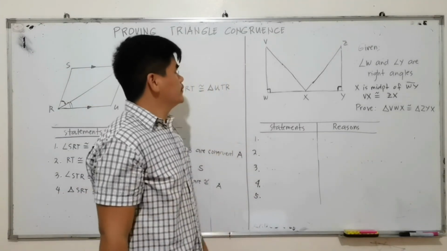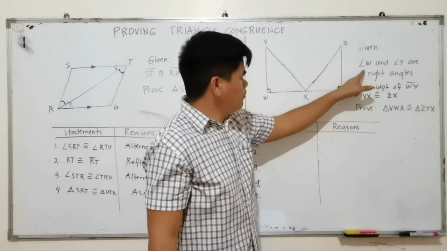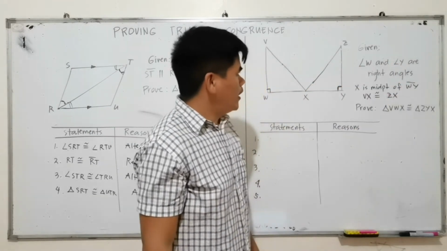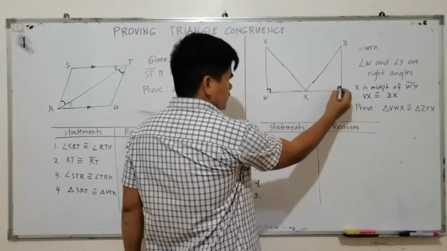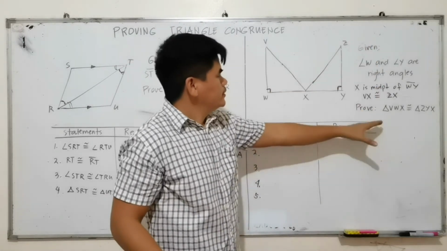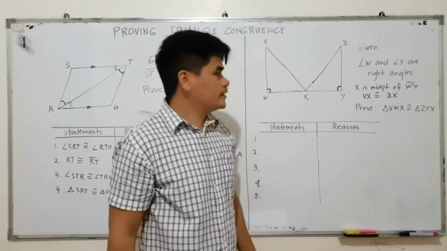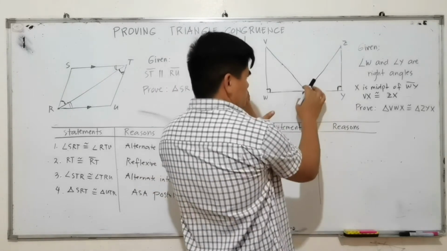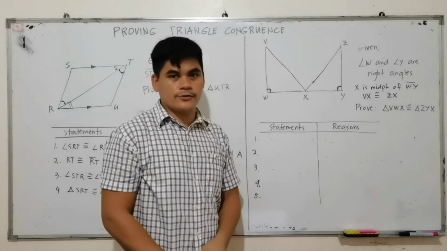Okay, let's proceed with the last example here. Given is angle W and angle Y are right angles. So we'll mark here right angles. Therefore, if angle W and angle Y are right angles, then we can say that these two triangles are considered to be right triangles. Okay?